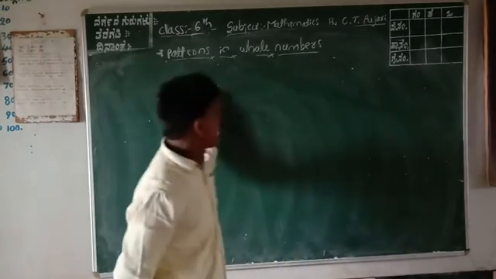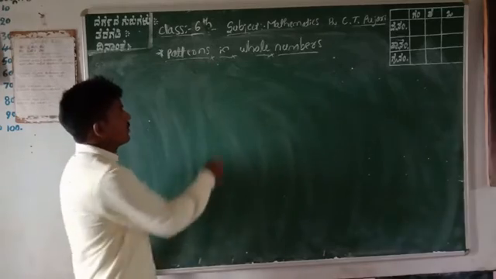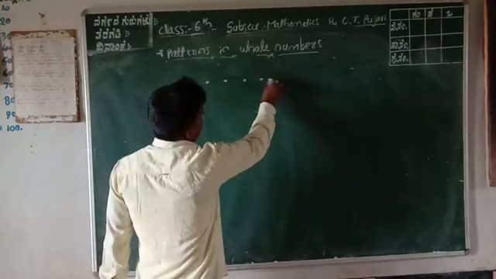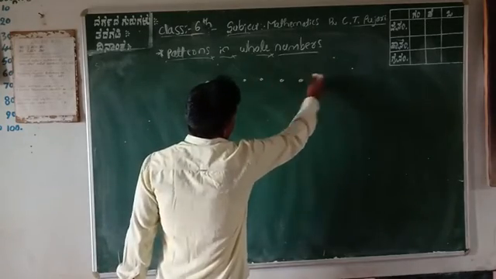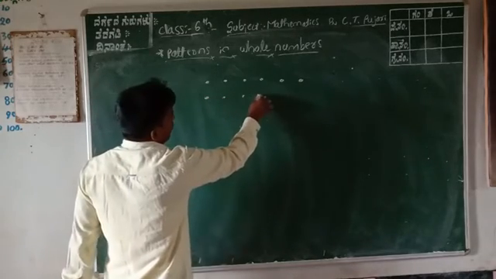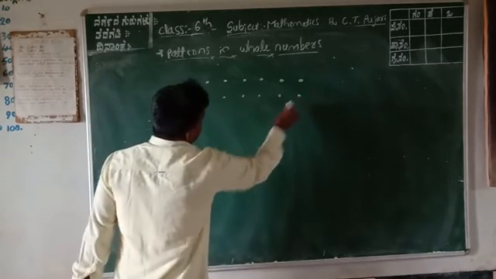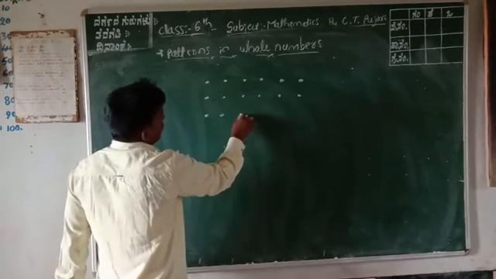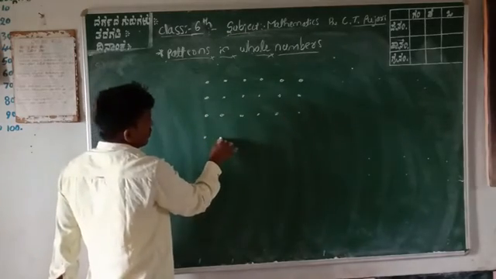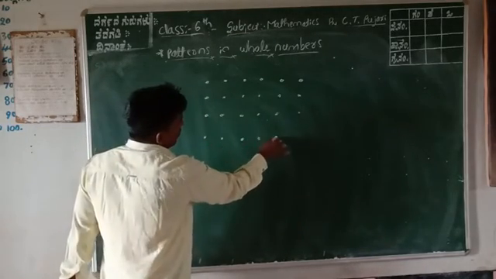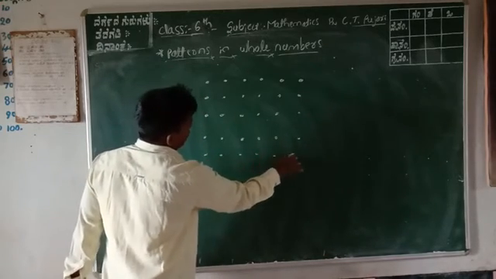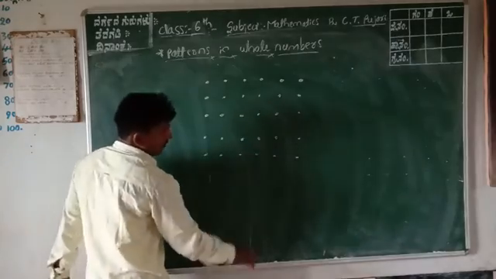The graph sheet is one diagram: 1 2 3 4 5 6. You can take it up to infinite. Next, 1 2 3 4 5 6, and so on, up to infinite.